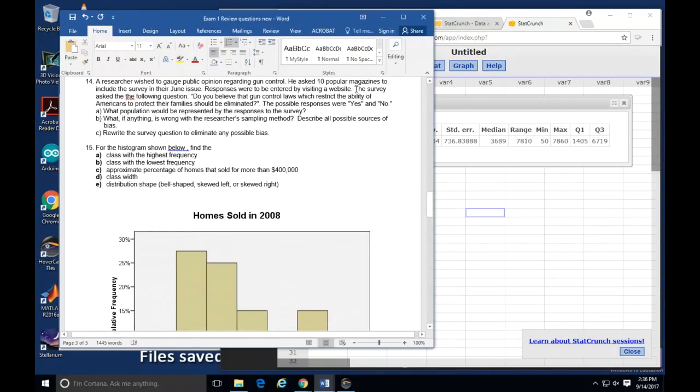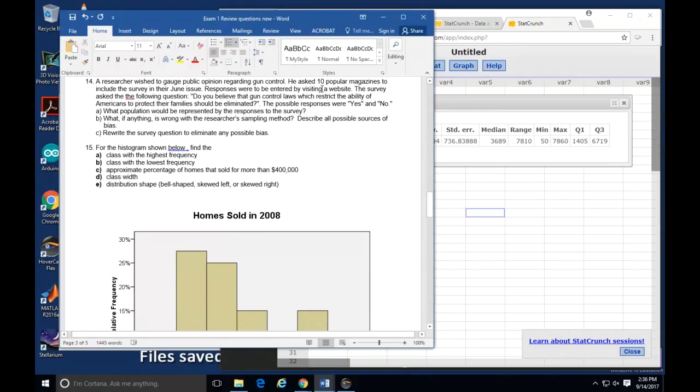And this is talking about a survey. And first of all, you're looking at what population would be represented by this survey. The key in this one is that the researcher had 10 popular magazines include the survey in their June issue, and then the responses could only be entered by visiting a website.